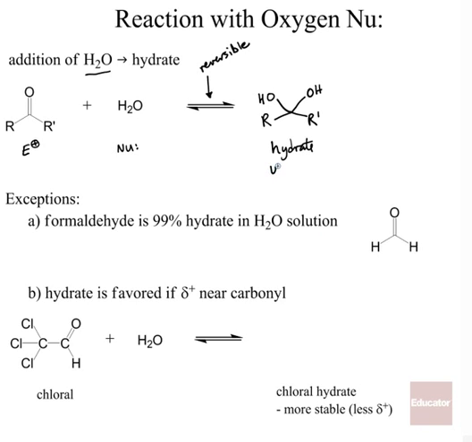Now it turns out that this is a pretty unstable arrangement of functional groups. A carbon does not want to have two separate CO bonds and two OHs attached to it. This is extremely unstable, and so in fact, because it is reversible, it turns out that the reverse reaction is favored. Anytime you have this arrangement, it would rather rearrange and do a mechanism to get back to the carbonyl. This is more stable as the carbonyl.